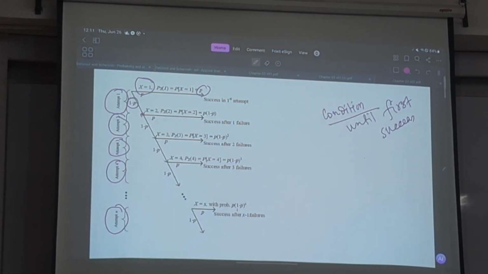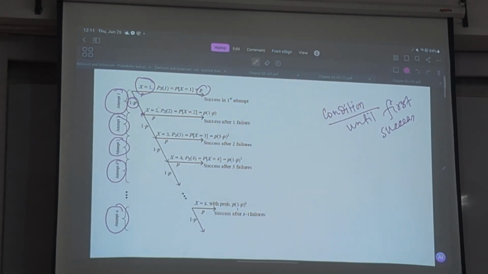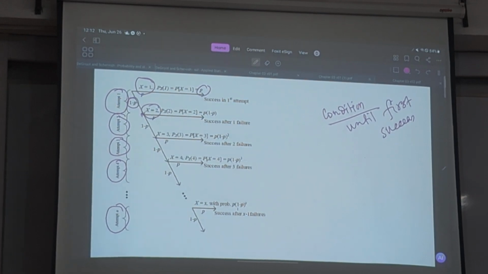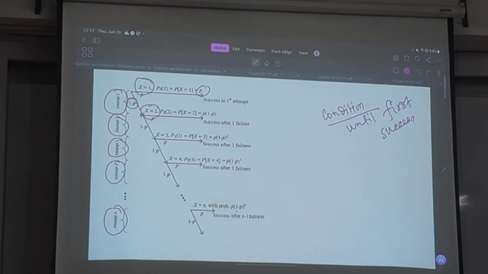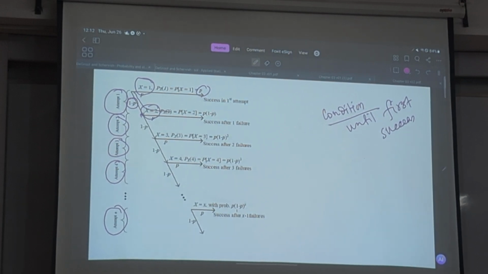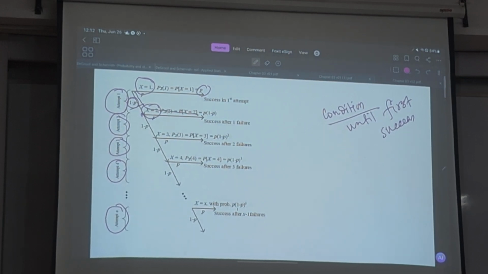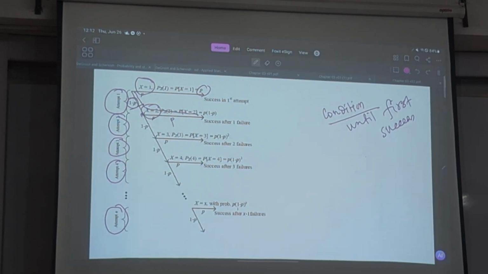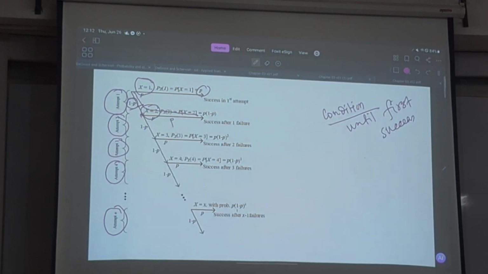If you have a success, then the number of attempts that you need to get the first success is 2. And in that case the probability becomes the probability of this part. This occurs with probability 1 minus p. This occurs with probability p. So it is p times 1 minus p.